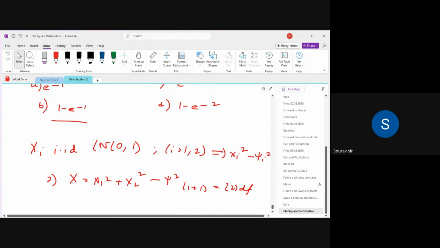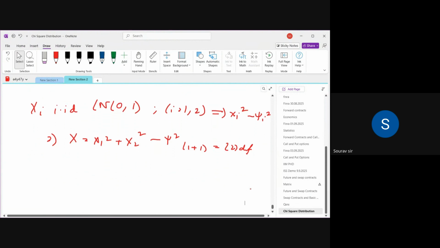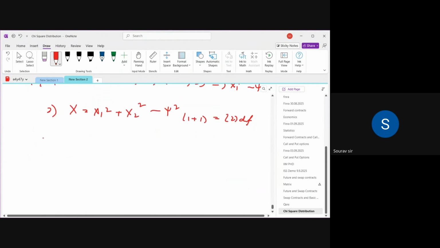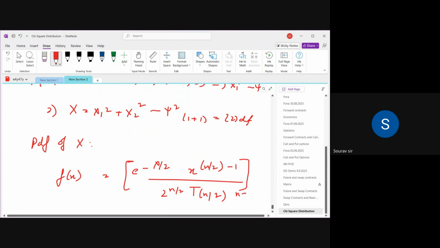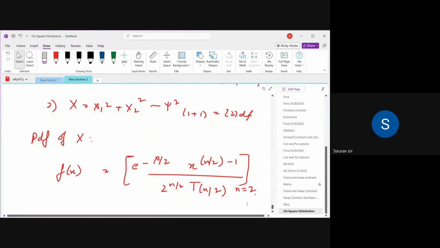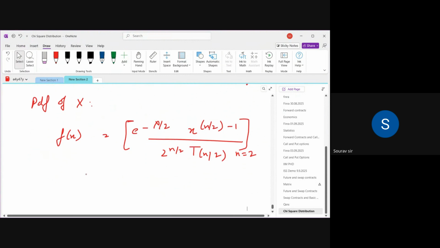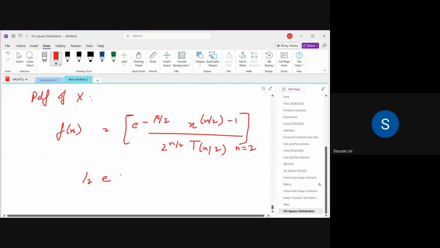So PDF of X, we will find it out. f(x) is equal to e to the power minus x by 2, x to the power n by 2 minus 1, over 2 to the power n by 2 gamma of n by 2, so n is equal to 2. That comes to half e to the power minus x by 2, for x greater than 0.